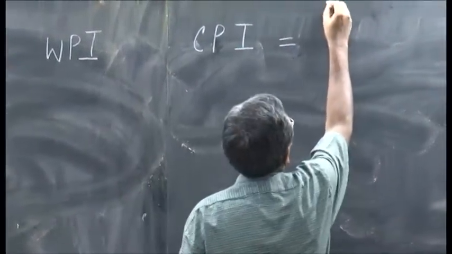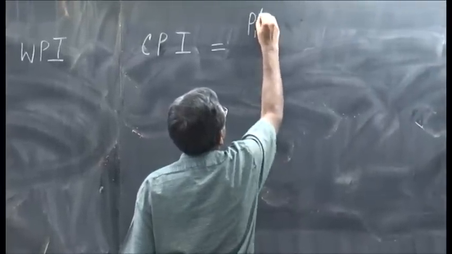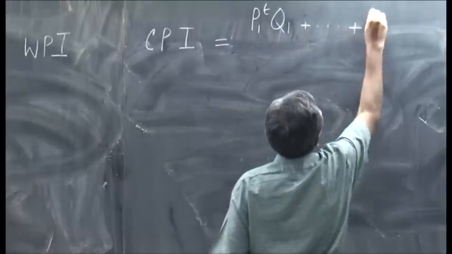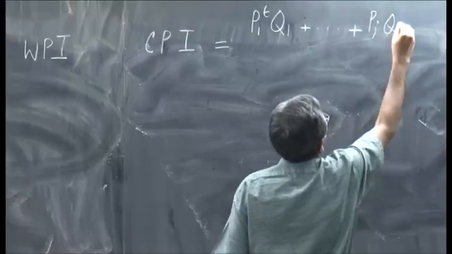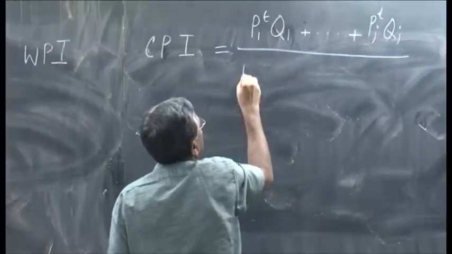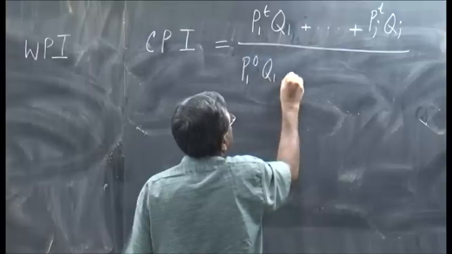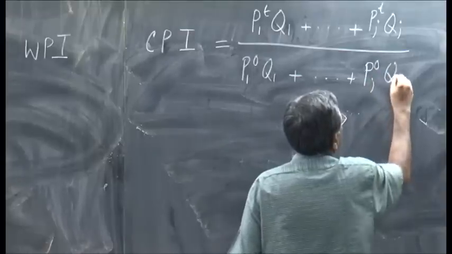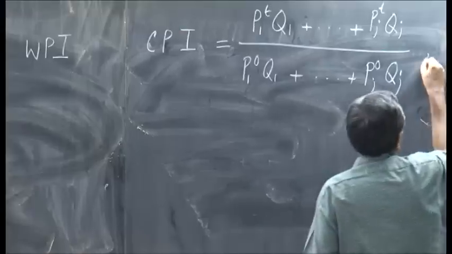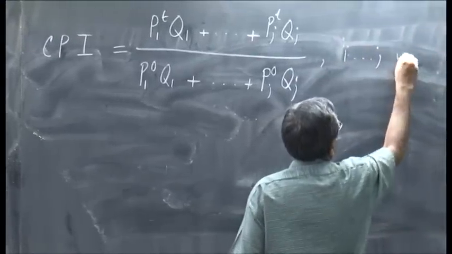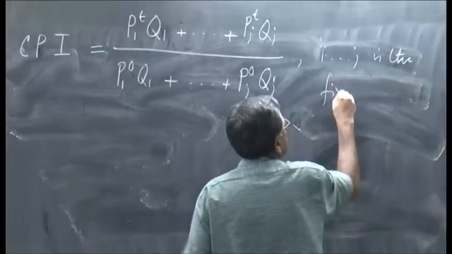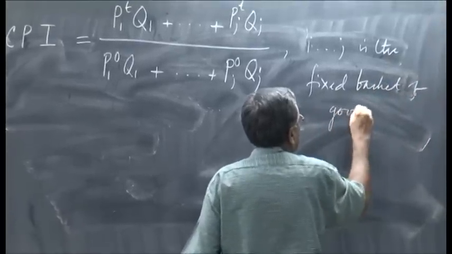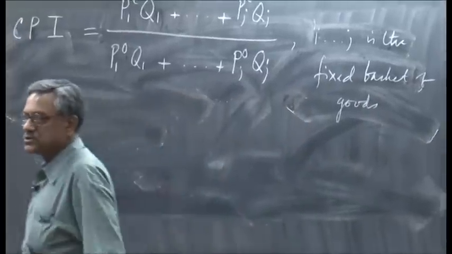And what you do is that you measure that in terms of, so 1 to J is the basket, a fixed basket of goods that a typical consumer consumes.